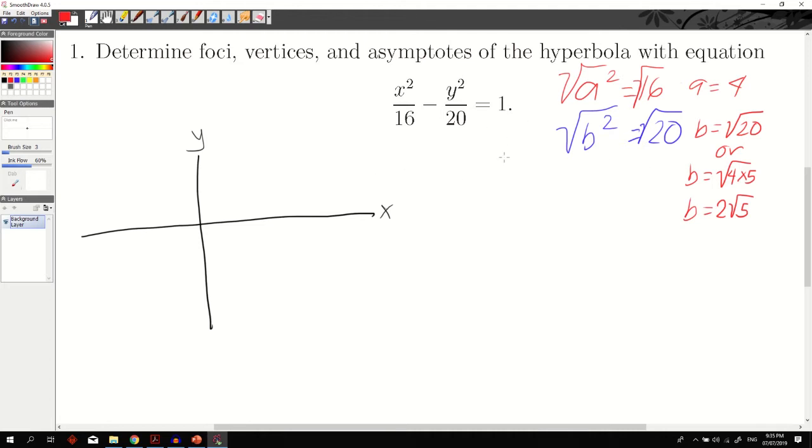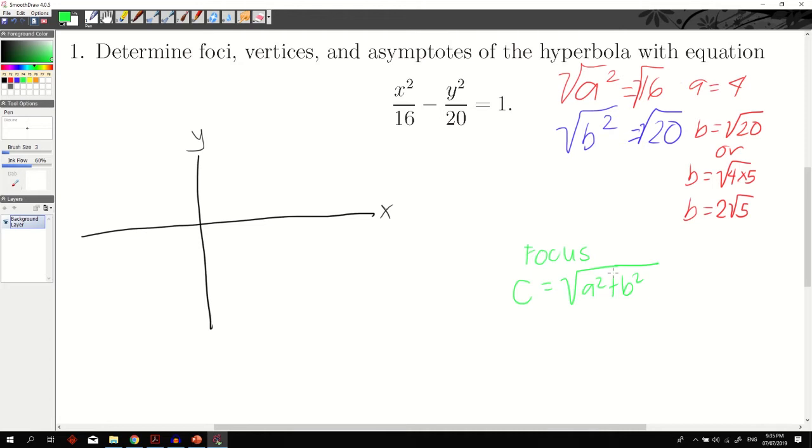Next we will solve for the foci. To solve for the foci, c equals the square root of a squared plus b squared. Where did we get this formula?